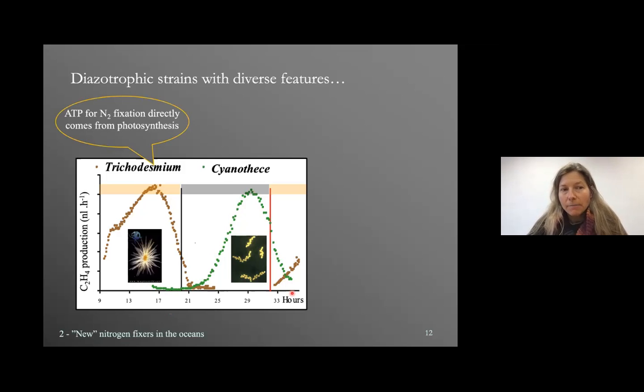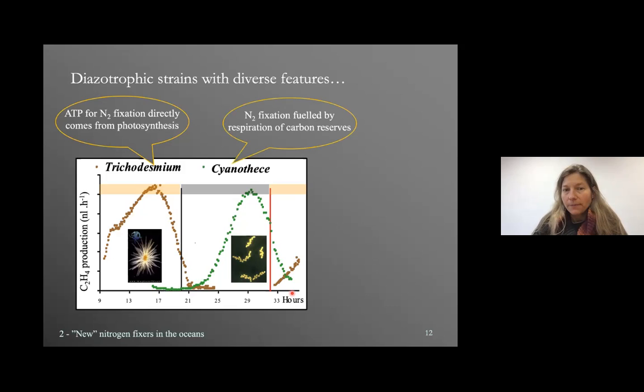Trichodesmium can directly benefit from photosynthesis for the provision of ATP and reducing power. So that's a very efficient way to feed the nitrogenase enzyme, which is quite greedy in terms of energy and reducing power.